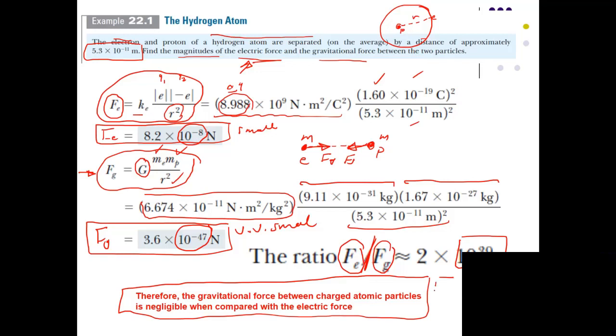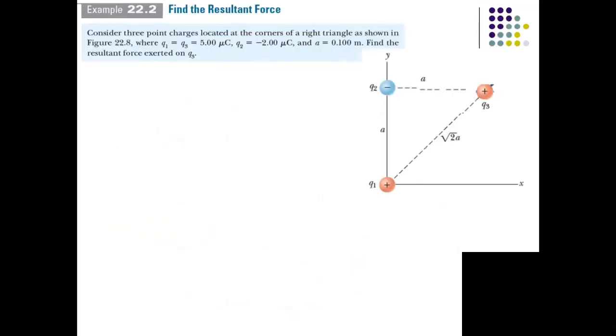So we say Fe is way larger than Fg, so Fg is going to be ignored. In all questions that deal with elementary particles, we are going to ignore the gravitational force between these elementary particles.